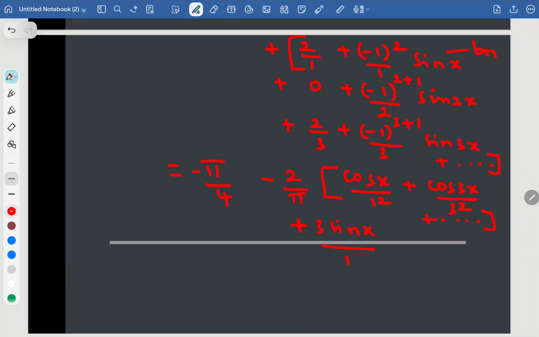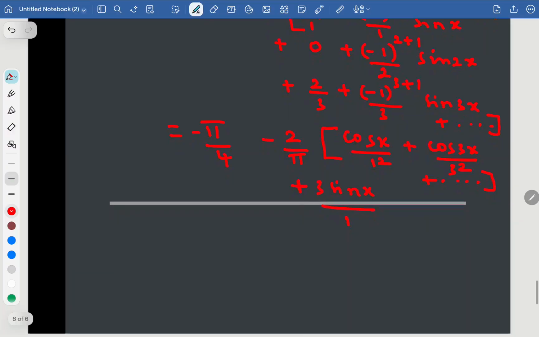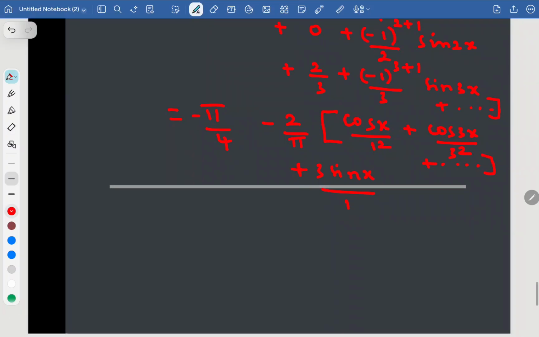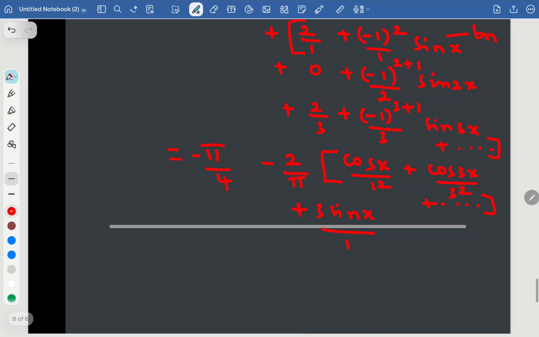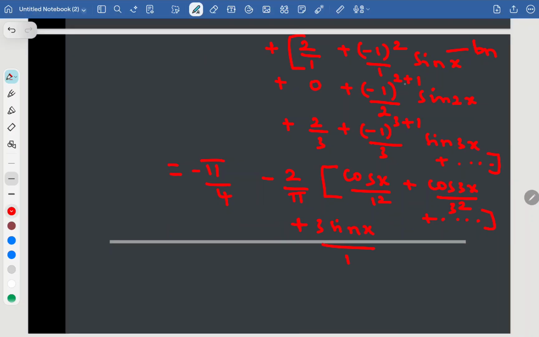Here, if you add 0, minus 1 power 2 plus 1, minus 3 by 2. Minus 1 power 3 minus 1 by 2. Therefore, I will write it as minus sin 2x by 2 for this term.